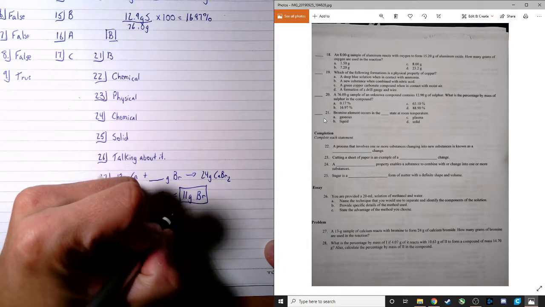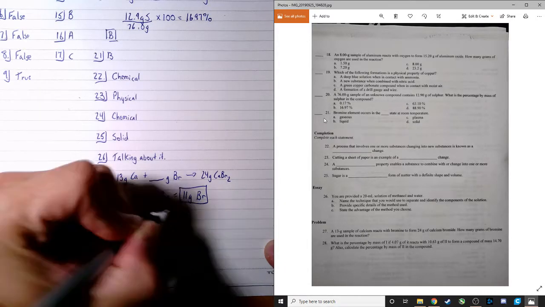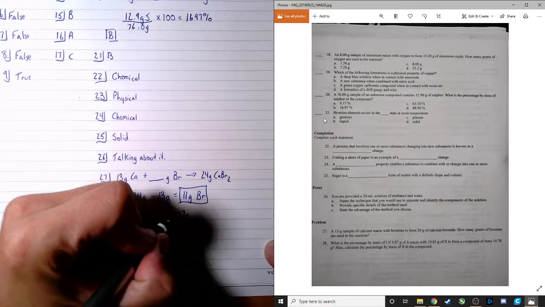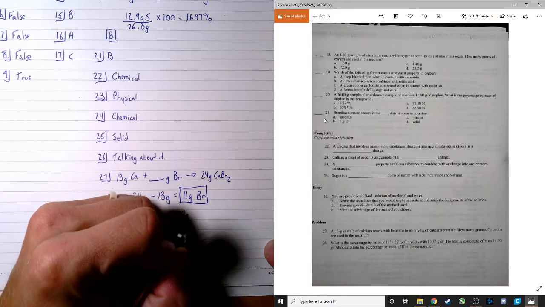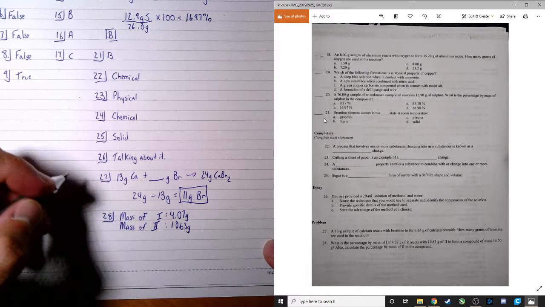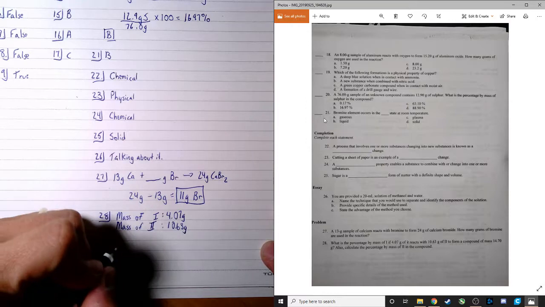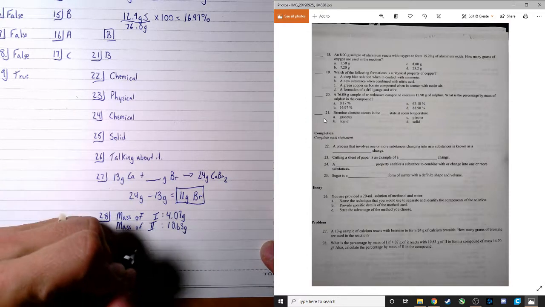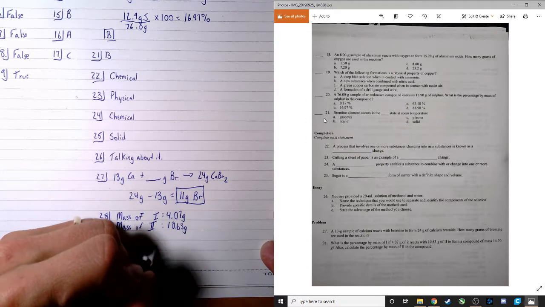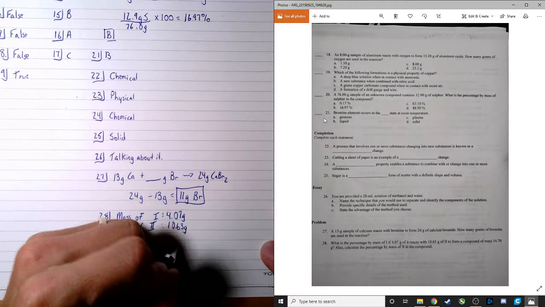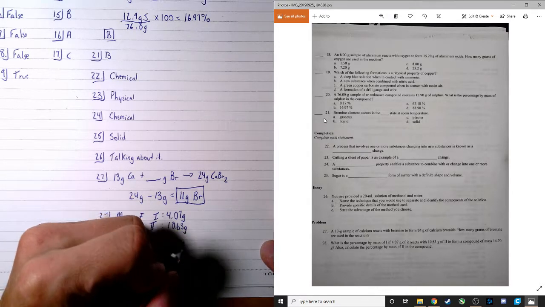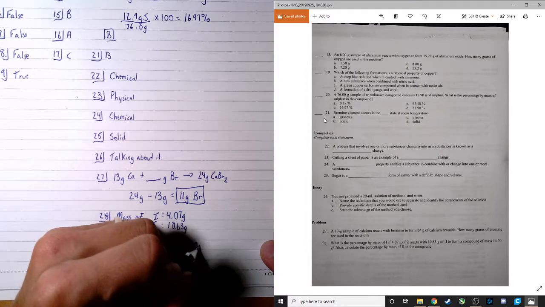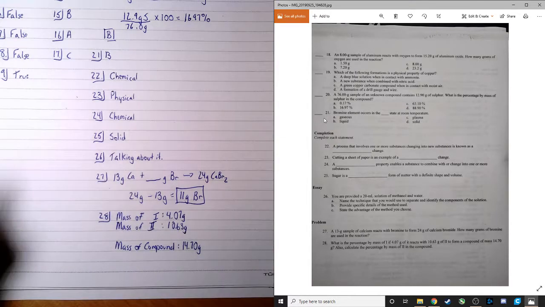That is 4.07 grams, and this is 10.63 grams, and they form a compound that has a mass of 14.7 grams. Yes, I realize you can't see yet. All right.